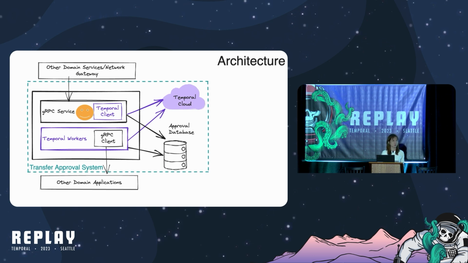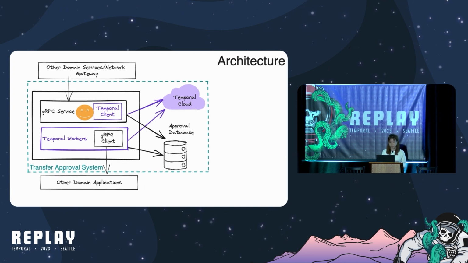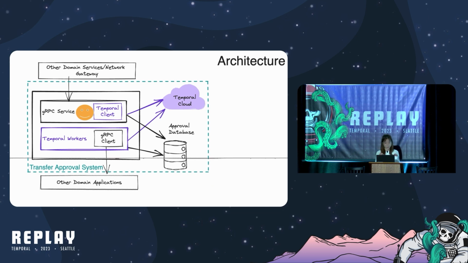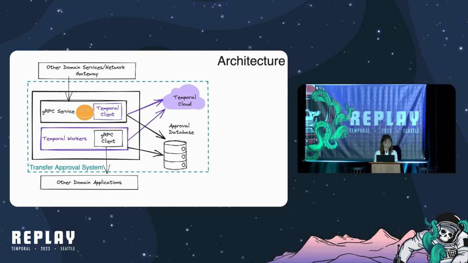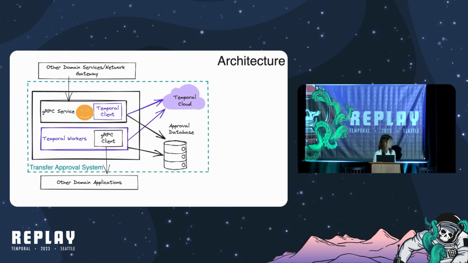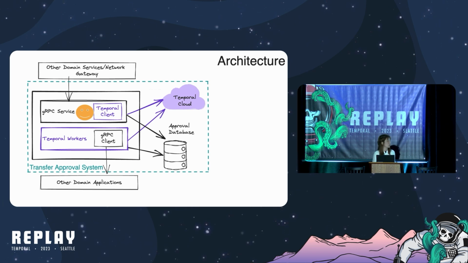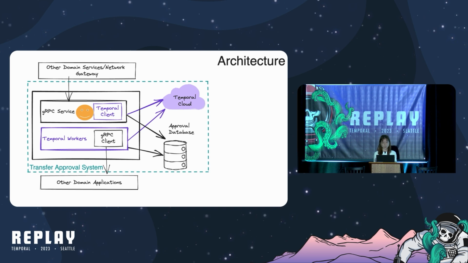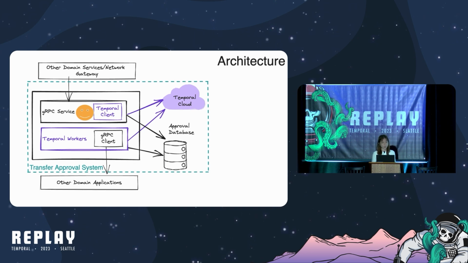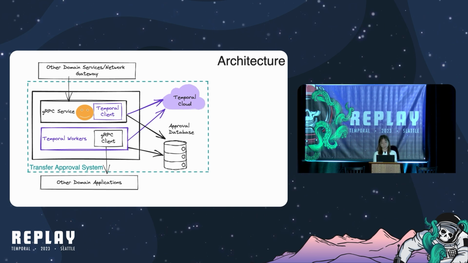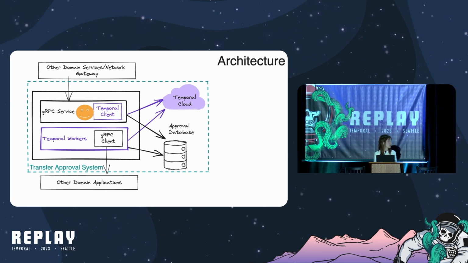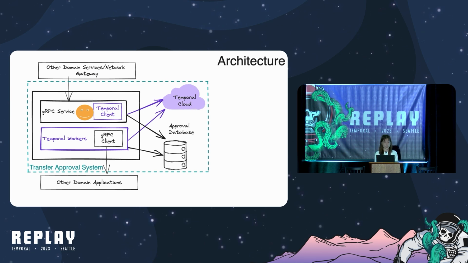They just want to have RPC calls. And I want to explain a little bit here that the RPC service has a Temporal client inside it. It doesn't communicate directly with our workers. It sends requests to the cloud where our workers pull messages. And the cloud is a durable bridge between the two applications.